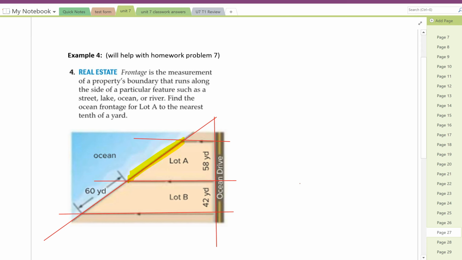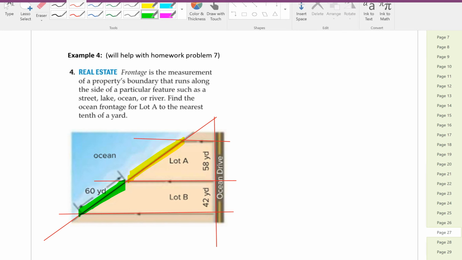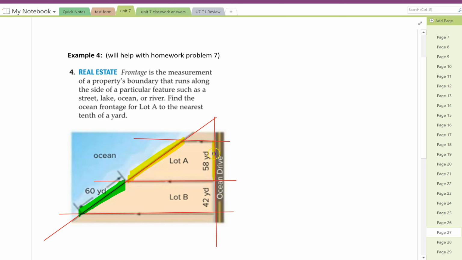So what I know from the last part of my notes is that the ratio between the frontage on lot A and this frontage on lot B has to be the same as the ratio between this 58-yard piece of frontage between lot A and Ocean Drive and this 42-yard piece of frontage between lot B and Ocean Drive.